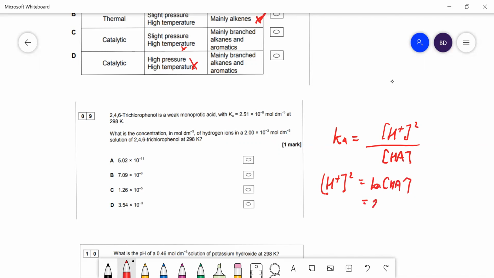So that is 2.51 times 10 to the minus 8 multiplied by the concentration, which is 2 times 10 to the minus 3.